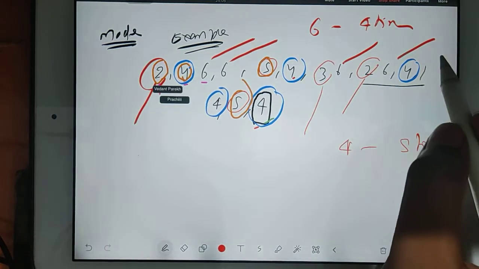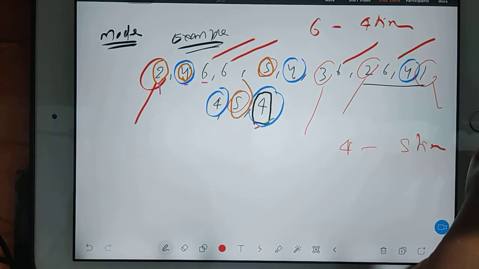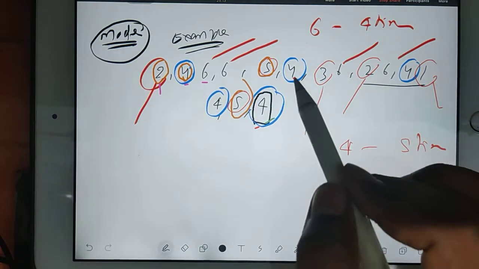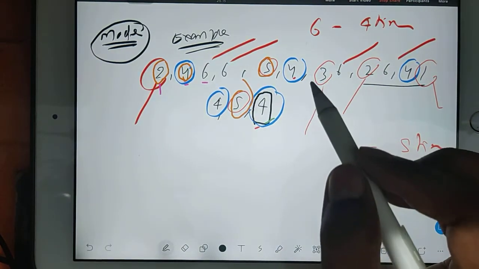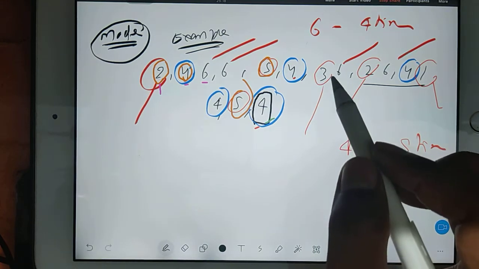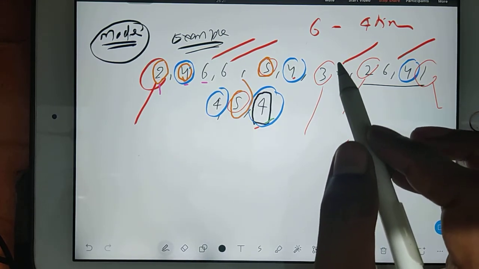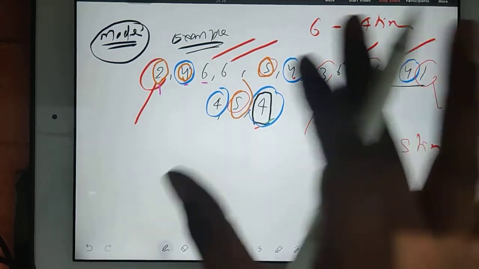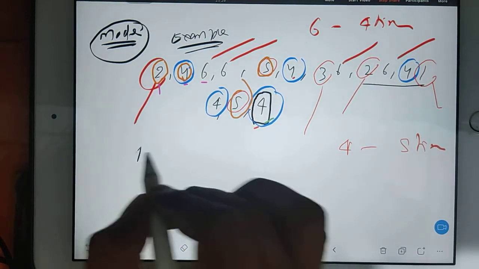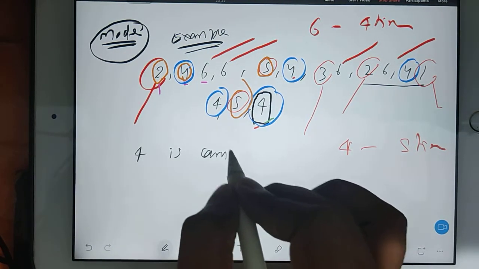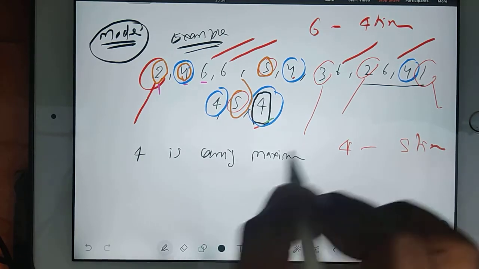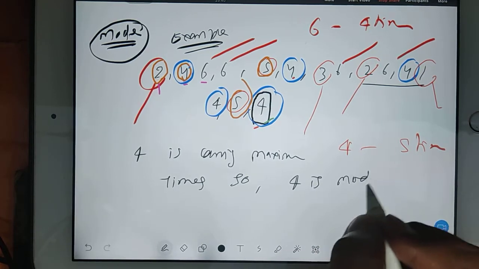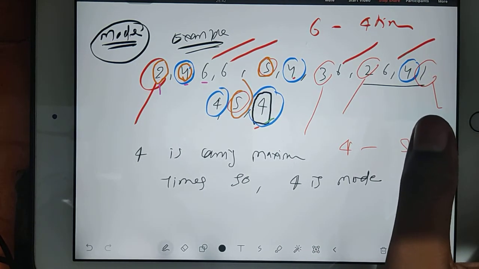And 3 is coming only here, and 1 is coming only here. So there is something called mode. The most frequent value is known as mode. Number 4 occurs the maximum number of times. That's why 4 is the mode of this given set. I hope you understood what mode means.